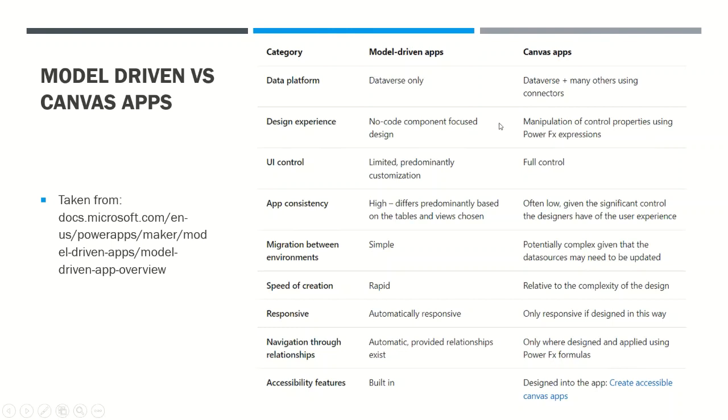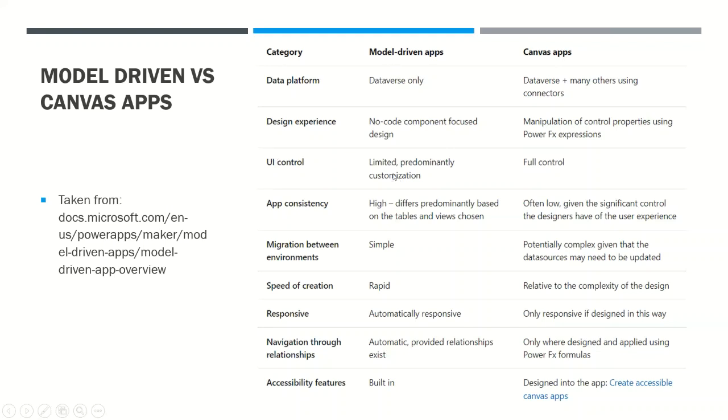In our case, we have used SharePoint, we have used on-prem SQL Server, and you can use many other data storage connectors. The design experience of model-driven app is you don't have to write any code, whereas Canvas app uses a scripting language called PowerFX. So you use those expressions and manipulate your control properties.